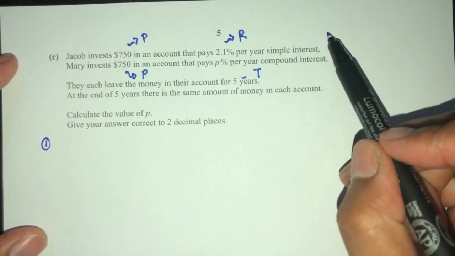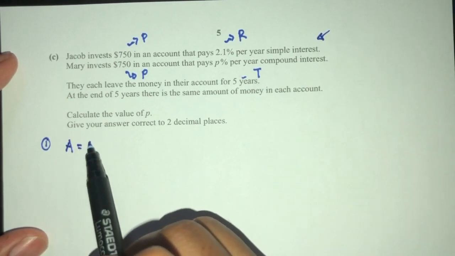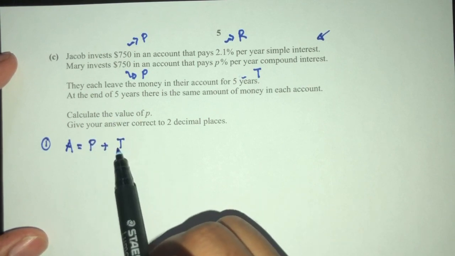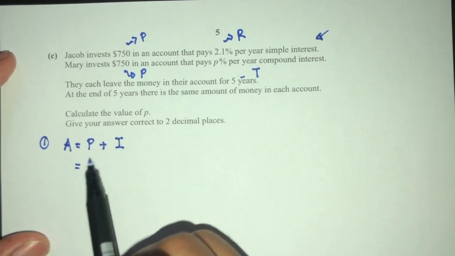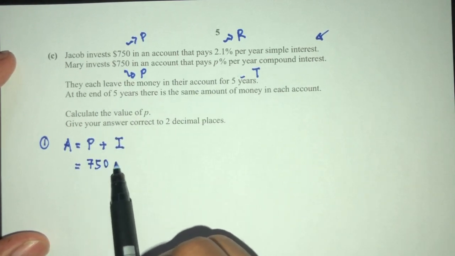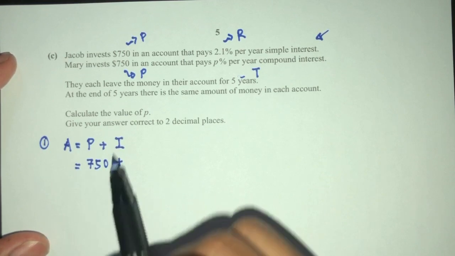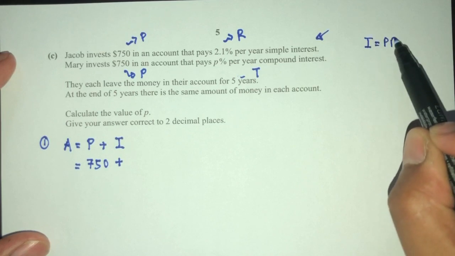So here we have simple interest. What is the formula for this one? We know the amount at the end is equal to P, which is the principal, plus I, which is the interest earned. So principal, we know it is given to you as 750. Now what is I? I is the interest earned. That will be PRT.